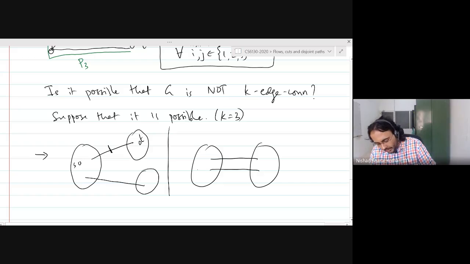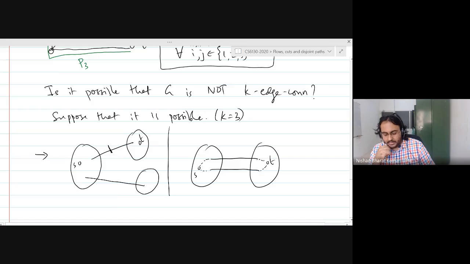Of course, in this drawing you can have two disjoint paths, because one could use this edge and the other one could use this edge, right? But I told you that there were three paths joining any two vertices: edge disjoint, pairwise edge disjoint, right? So that's a problem.